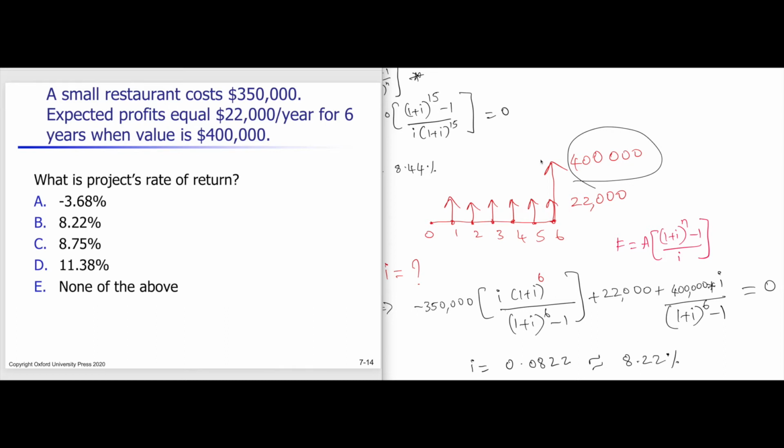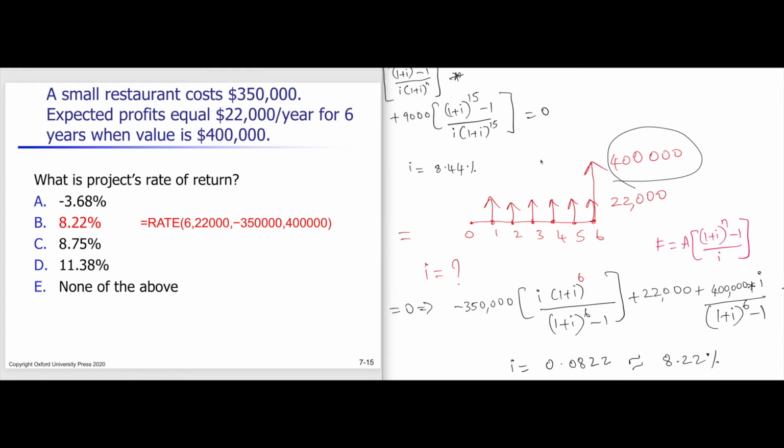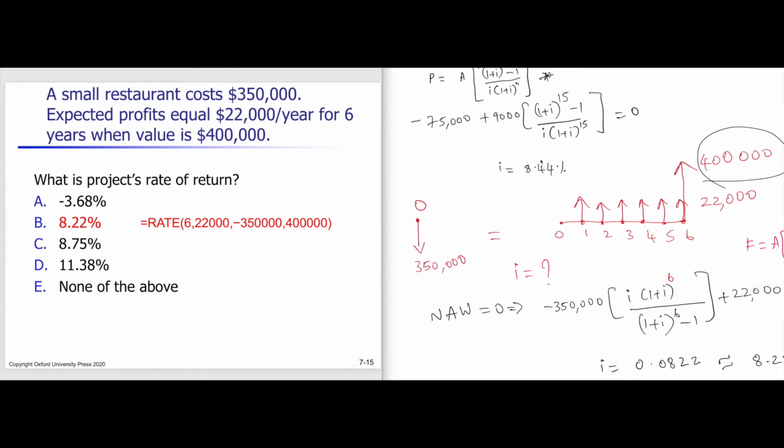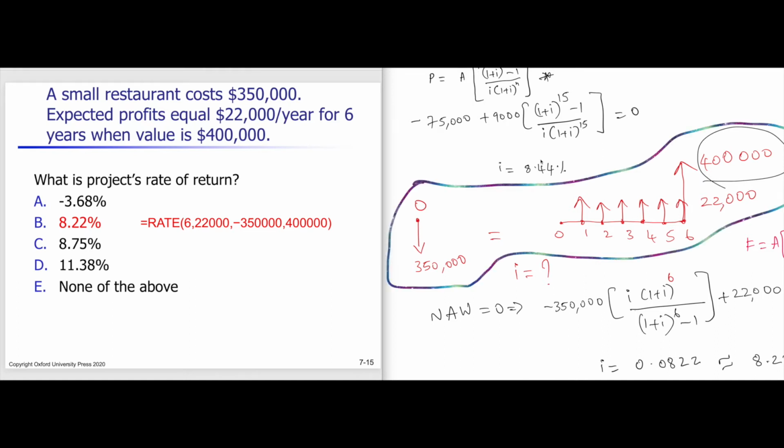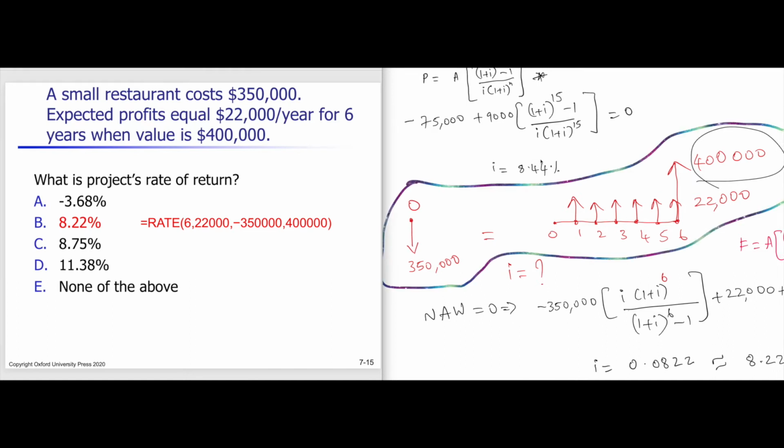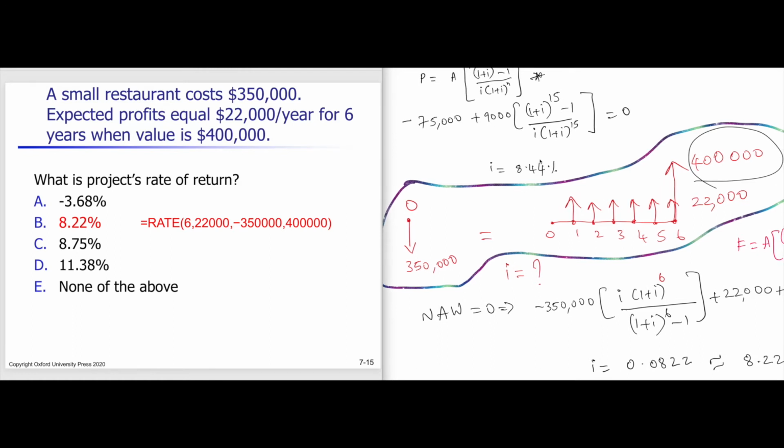Do we have that option? We have option B. That's correct. So this is how we do problems of this sort. So number one, from given cash flow, where in this case, this is the given cash flow, from the description given, you should be able to draw the cash flow.